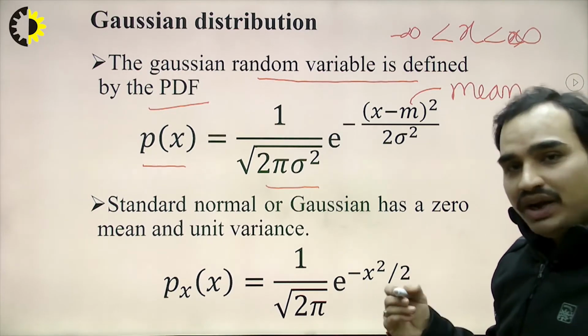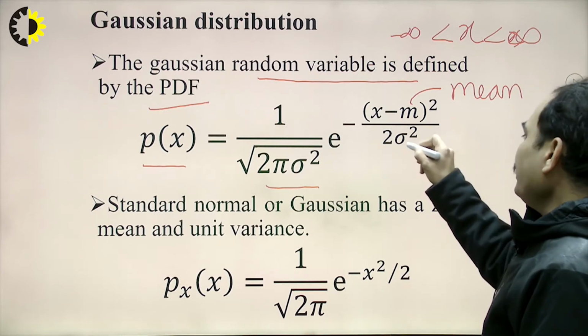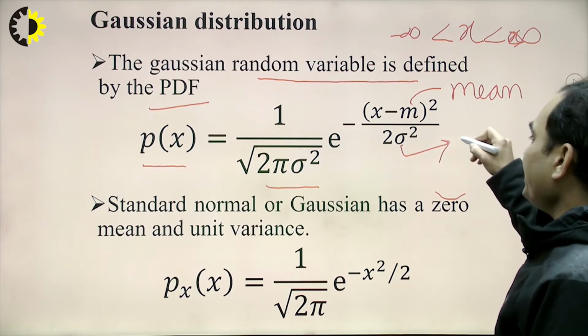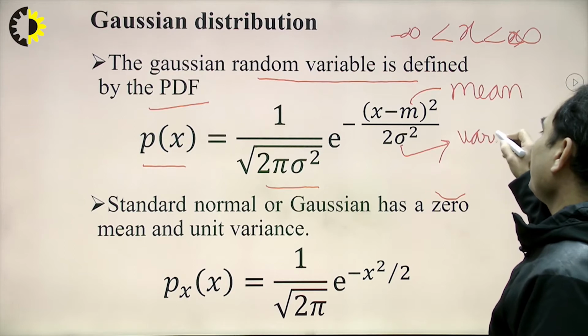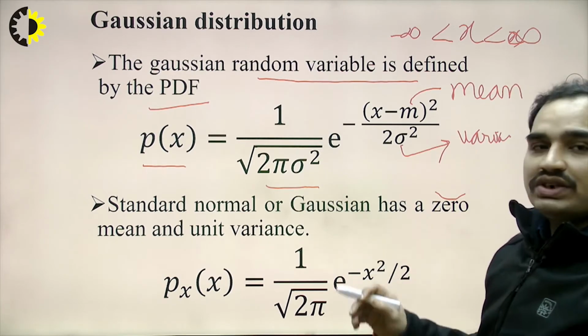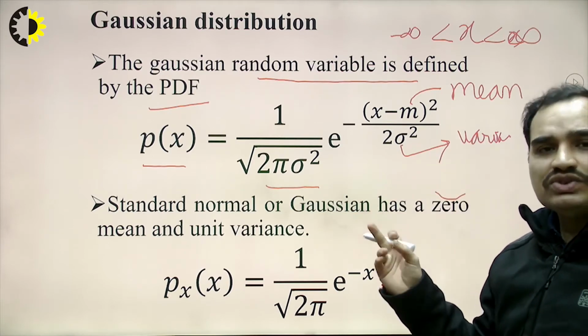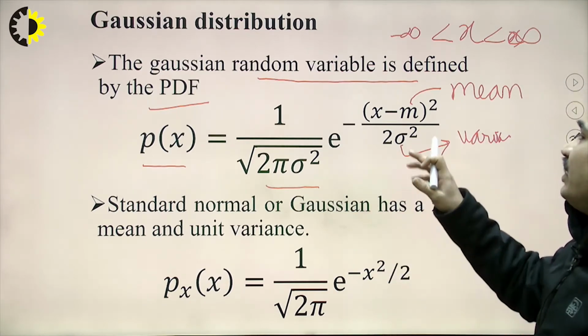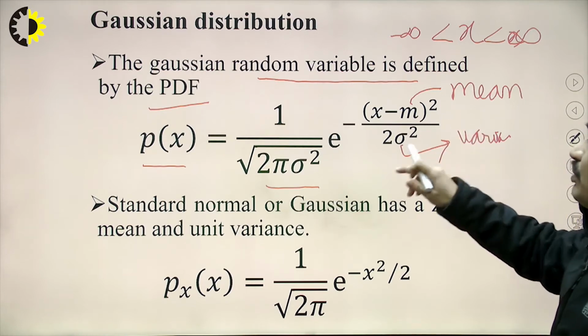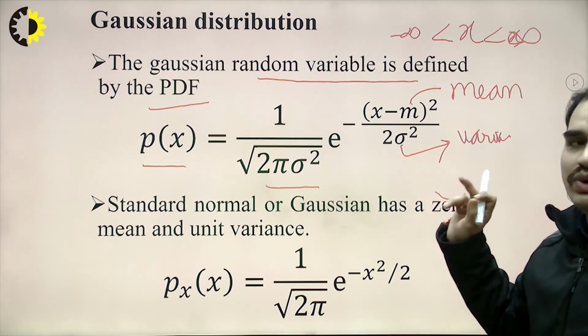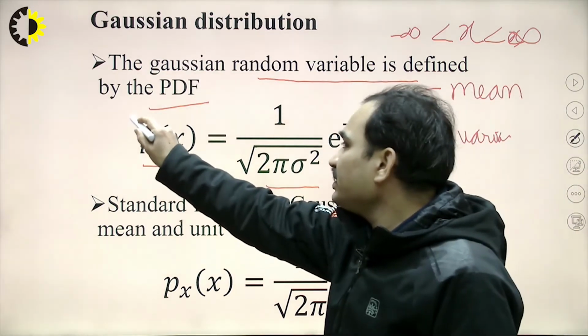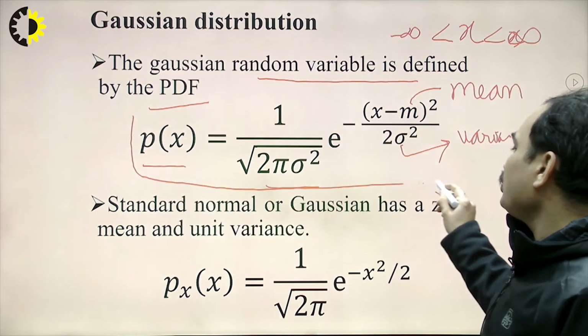And sigma is nothing but the variance. Okay. So, we have the standard deviation, you can say sigma, and sigma square we are using, so it is a variance. So, this is the complete definition for Gaussian distribution.